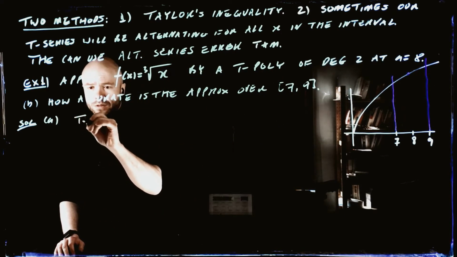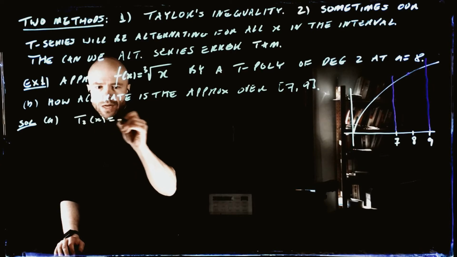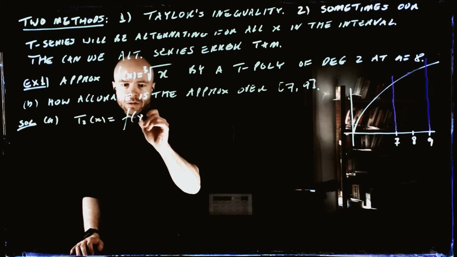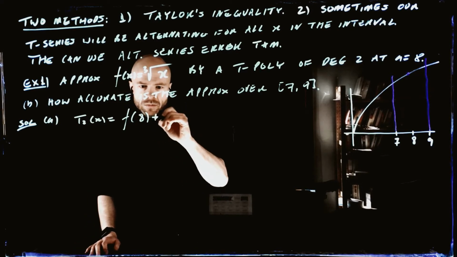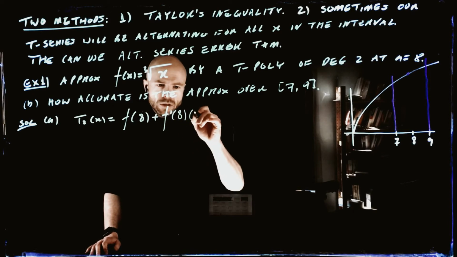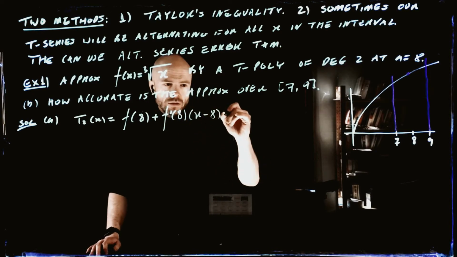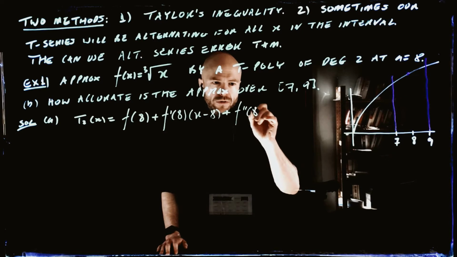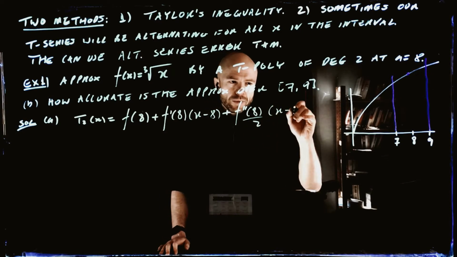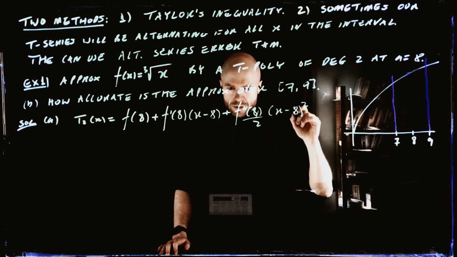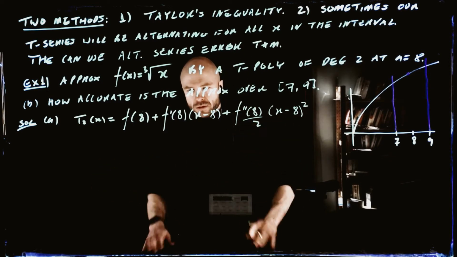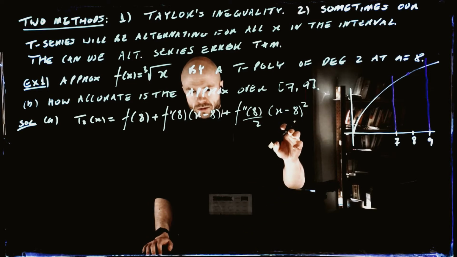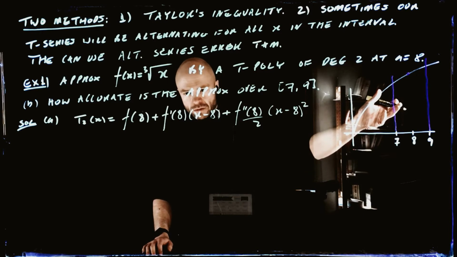So T2 of x will be the function at the value 8 plus the derivative times x minus 8 plus the second derivative over 2 times x minus 8 squared. Yep. Because it's just the first three terms of the Taylor series, because that gives us a polynomial of degree 2. And if we go any further, it's degree 3. It's not what we want.